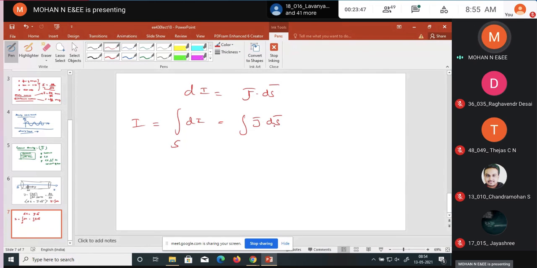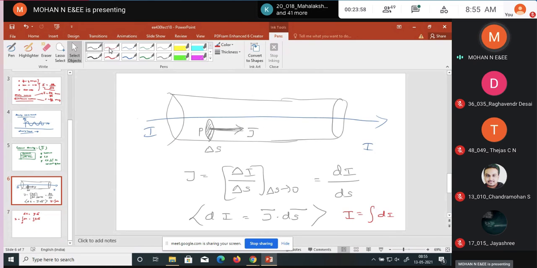This equation is a general equation, which does not require dS to be normal to the direction of the current. That means you can take another surface like this, where the normal to the surface is like this, and the J vector is like this. This is delta S dash, and this is point P dash.